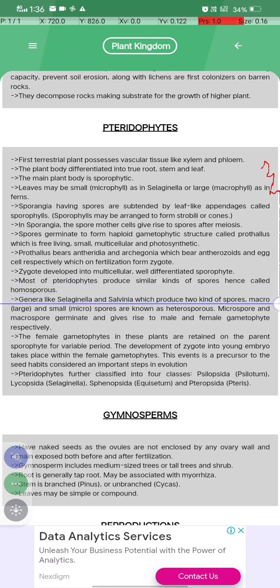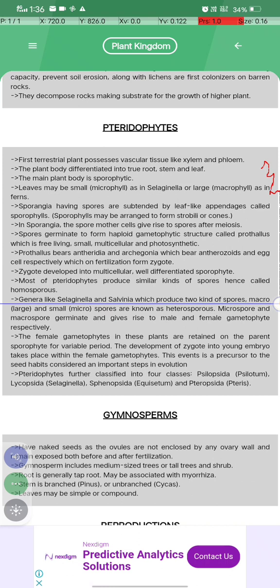Genera like Selaginella and Salvinia produce two kinds of spores, macro and micro, known as heterosporous. The microspore and the macrospore germinate and give rise to male and female gametophytes respectively.